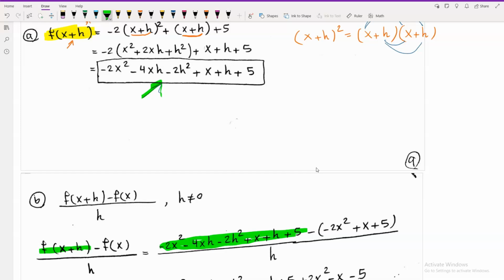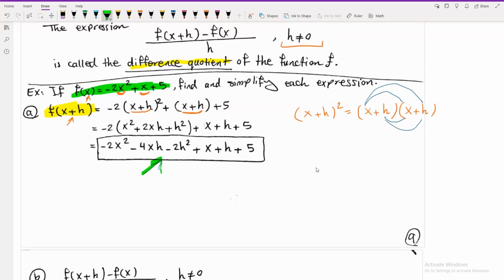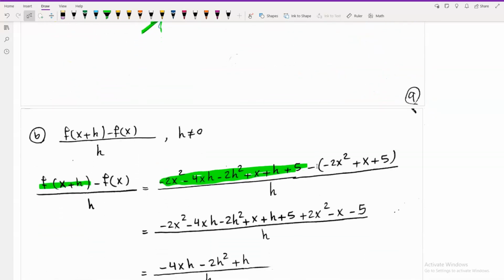And then we have to subtract f of x. So f of x was given as -2x squared plus x plus y. But here we have to subtract. So this means we have to use the distributive property: negative times -2x squared, negative times positive x, negative times positive y. So we have these.